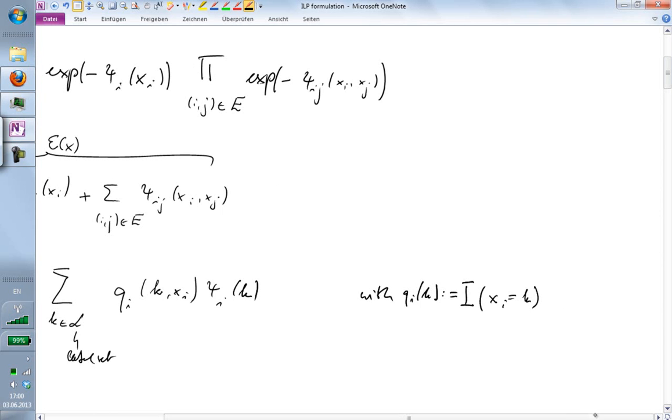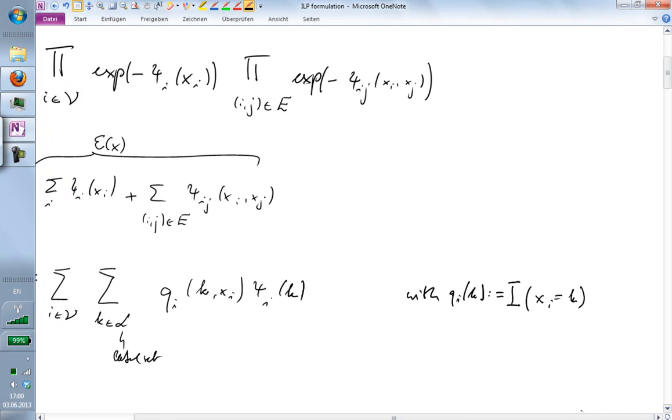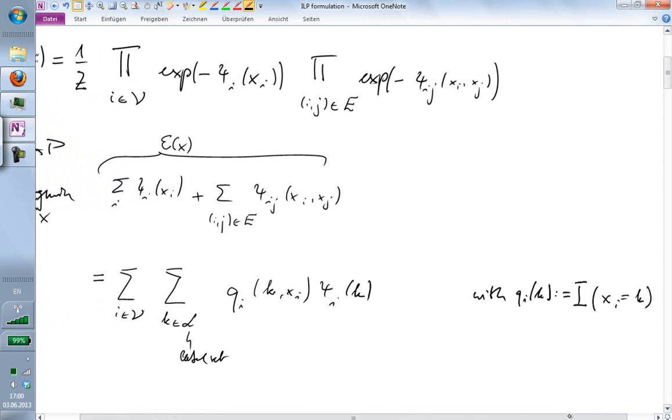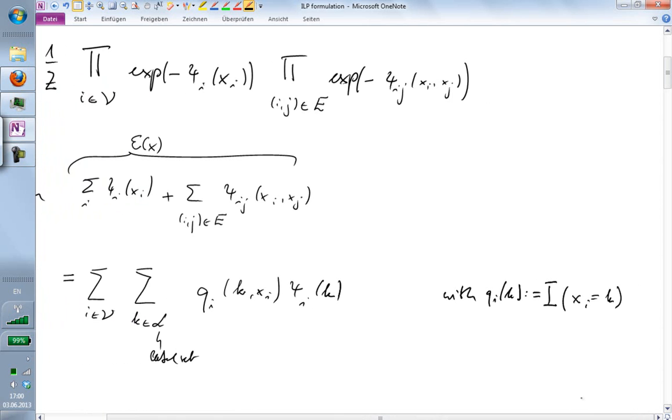It's the characteristic function. So let's say I of a true argument is 1 and I of a false argument is 0. Okay.